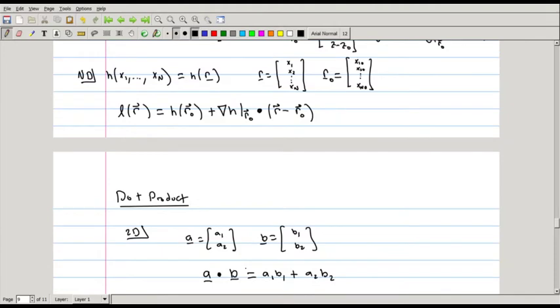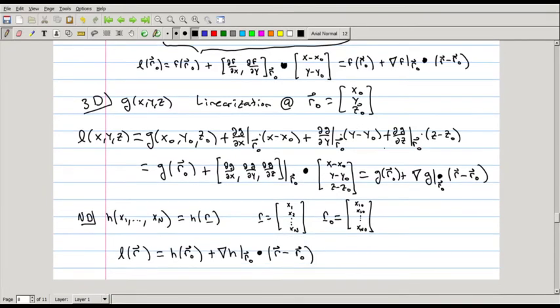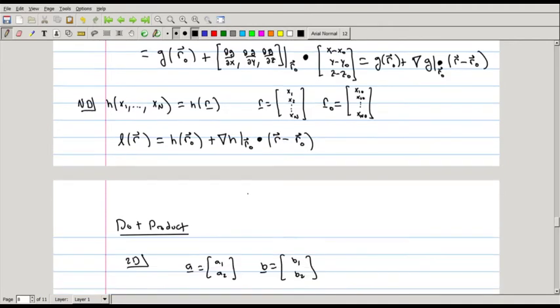So this is what we're doing here when I'm expressing these as the dot product. I'm basically taking the fact that df dx is the first component of the gradient vector and multiplied by x minus x naught, plus the second component of the gradient vector multiplied by y minus y naught in 2D, which is just the gradient vector dot product with r minus r naught. Same thing for this three-dimensional equation, and you can very clearly see that this is going to hold in general in n-dimensional space.